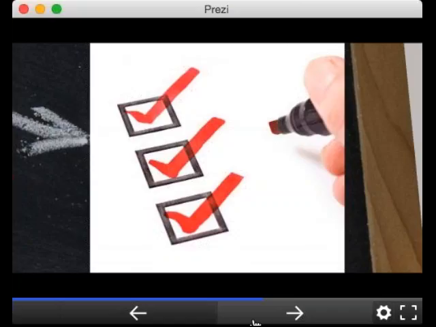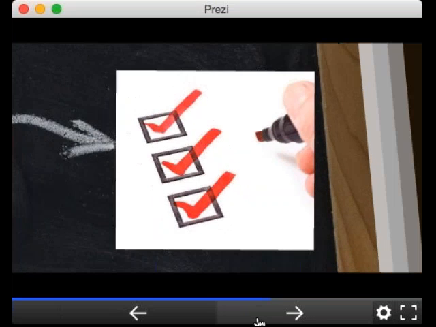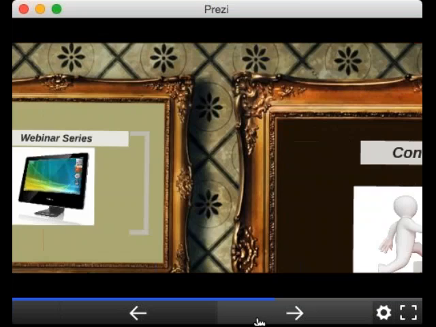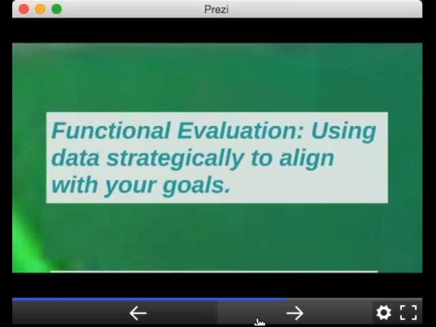So before we get to the exercise, I just want to quickly recap what we have covered so far. First, we talked about functional evaluation. That is the utility of an evaluation, using data strategically to align with your goals.